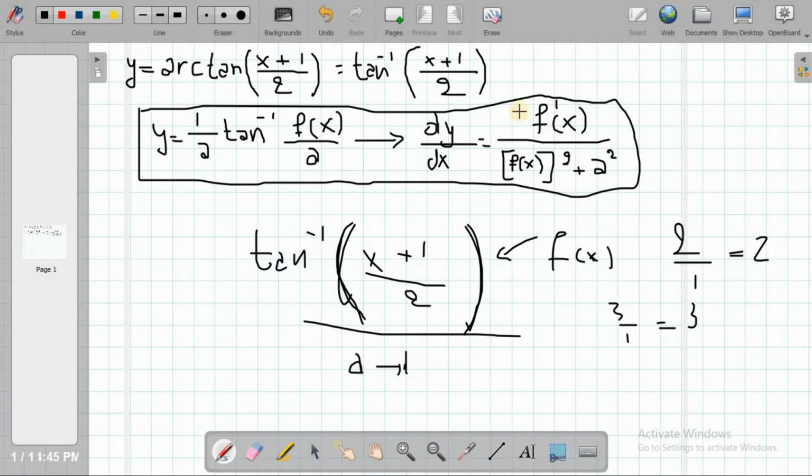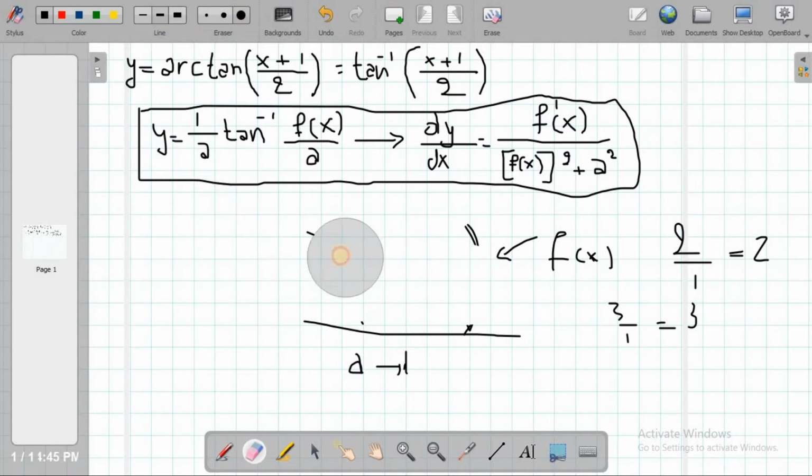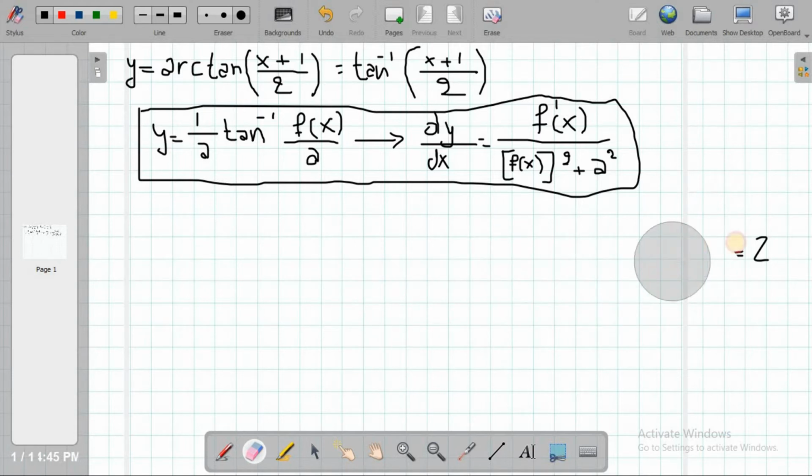So 1 over a is 1 over 1, which is 1, so it's 1 times tan minus 1 of f(x) over 1, which gives us f(x). So these functions are the same thing.